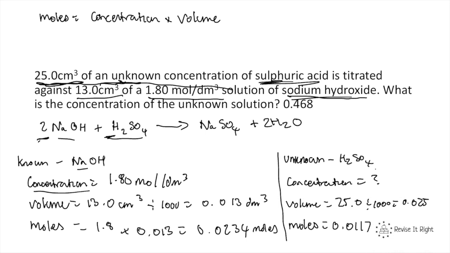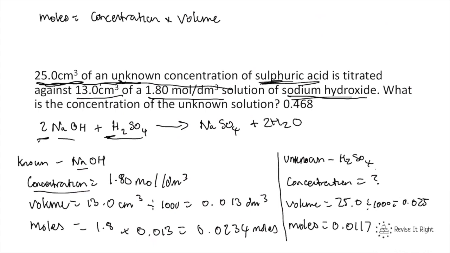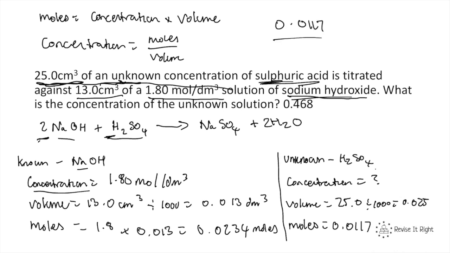Now we can rearrange this equation to get the concentration. Again, that was the same equation as our previous video: concentration equals solute moles divided by the volume. So let's write that up here. Concentration is equal to our number of moles divided by our volume. If we put that into our equation, we've got our moles, which is 0.0117, divided by our volume, which is 0.025.